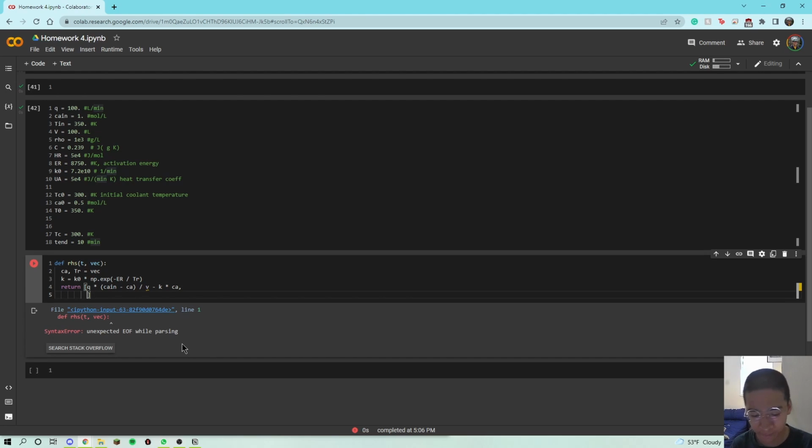Our second right-hand side is going to be our mass energy equation, the second differential equation that we derived.